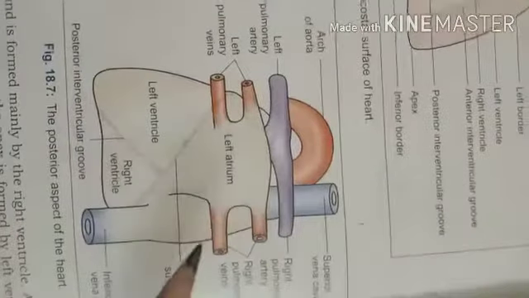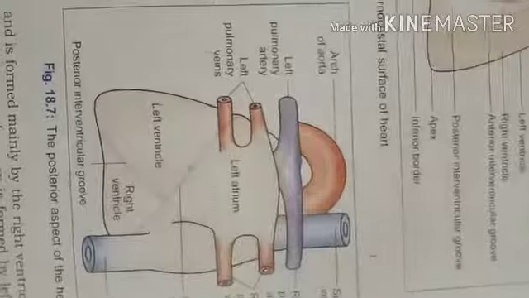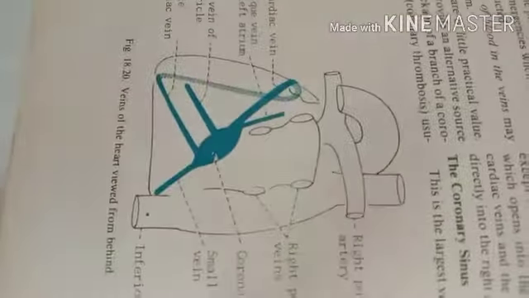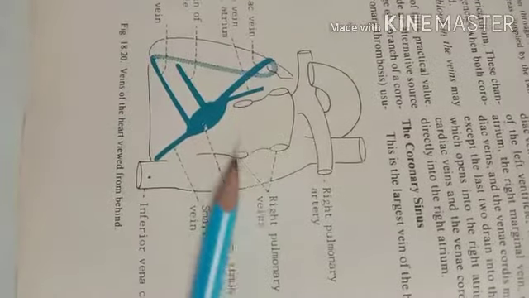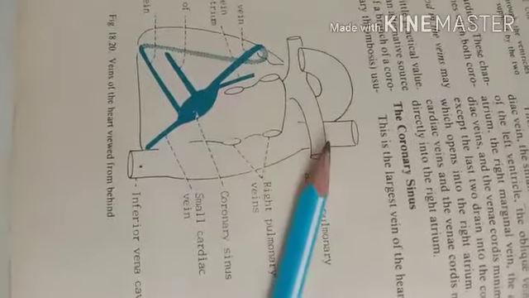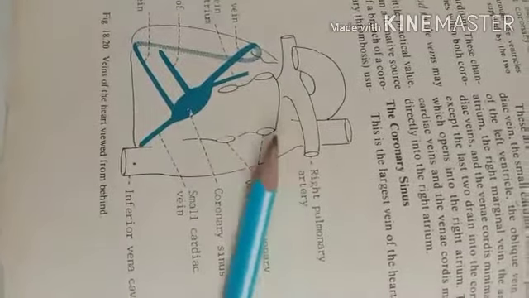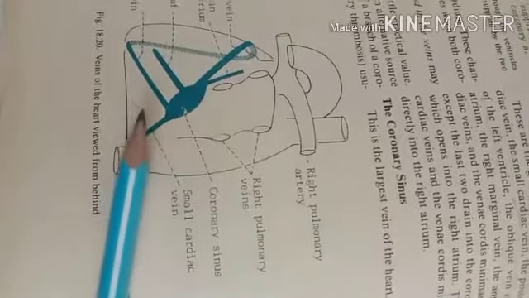Now we have to see the features of the left atrium. Here in this diagram you can see the posterior surface of the atrium; the left atrium forms the anterior wall of the pericardium. The anterior wall of the atrium is formed by the interatrial septum.